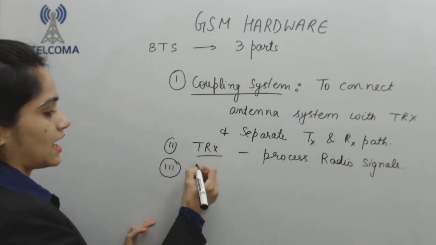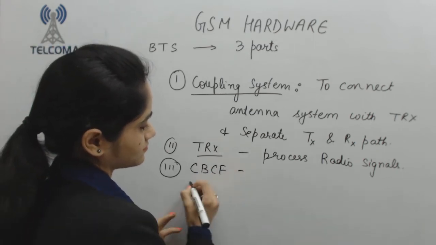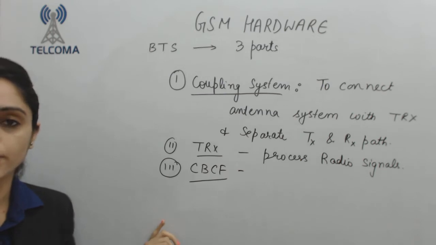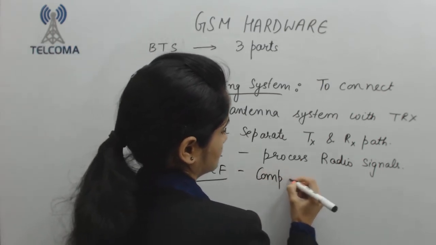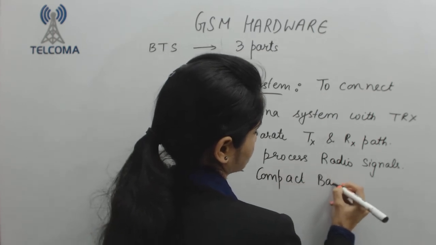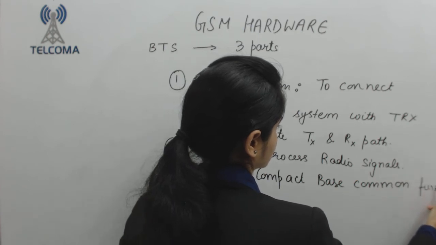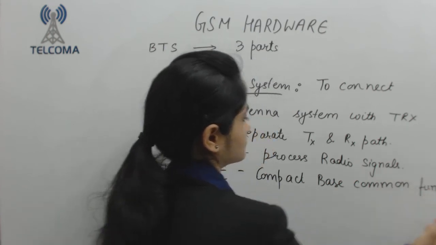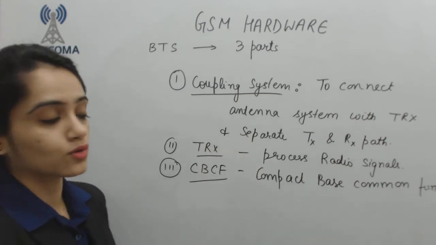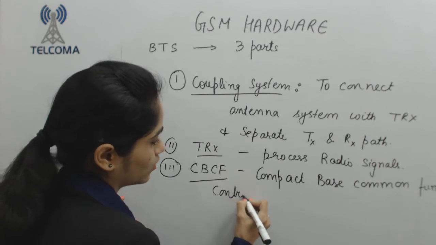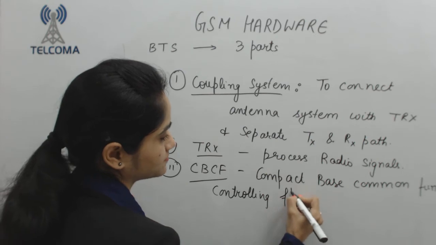Now the third unit is known as CBCF, the compact base common function. CBCF is required because it performs controlling functions.